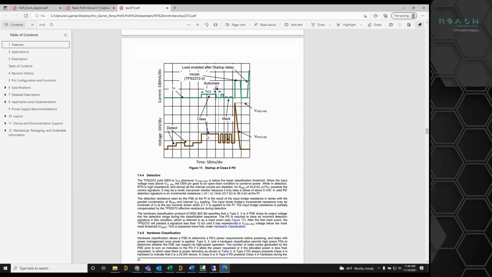The allowable range is, like class 8 gives you up to 90 watts from the PSE available, all the way down to class 0, like 10 watts. But it's that whole negotiation process that lets the PD say, I want this much power.